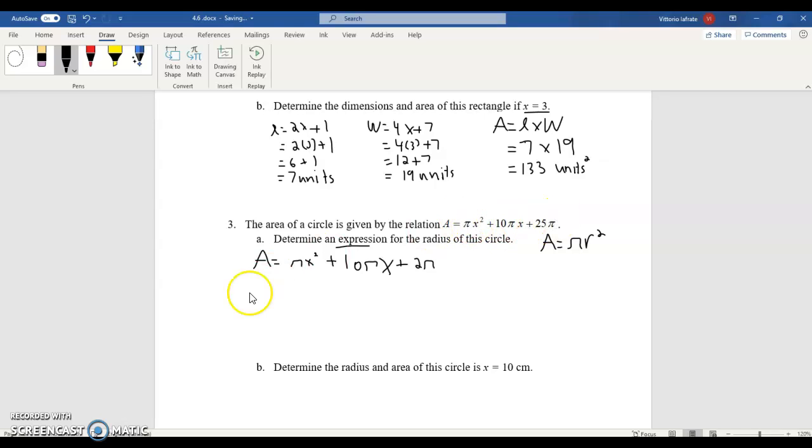It's a common term, so we can take out a greatest common factor here to make things a little bit easier for us. So we have area is going to be equal to, let's take pi out of here. We have x squared plus, if we take pi out of this, it'll be 10x. And then, oops, that should be 25 pi, not 2 pi. If we take pi out of 25 pi, that's 25.